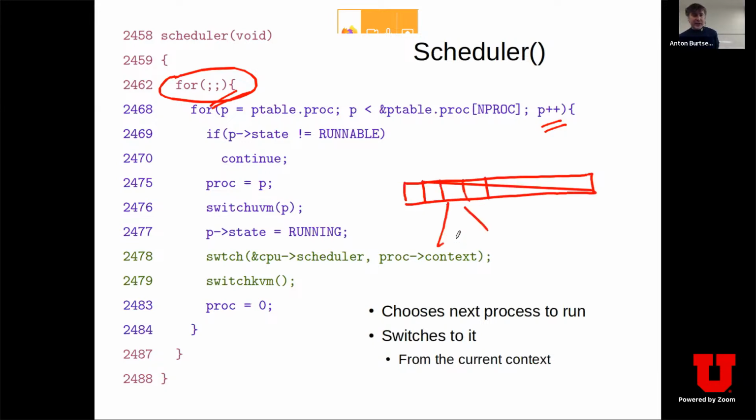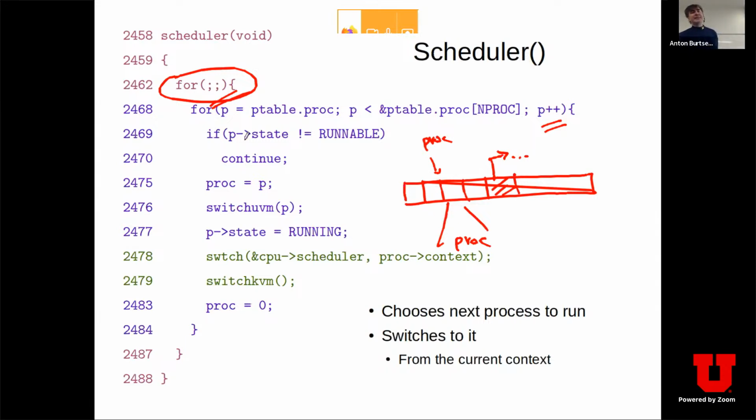Each entry in the array is a prog data structure, and this p points to some entry, right? Some of these entries are invalid. And so when xv6 starts, it initializes them to some invalid value, or inactive if you like, right? And when a process gets terminated, it again gets this invalid value.